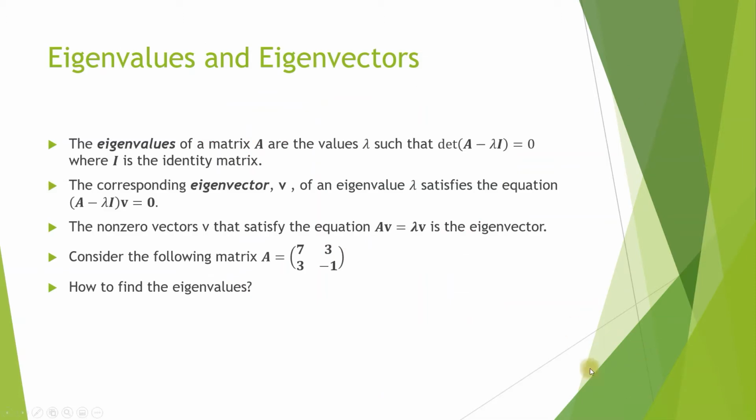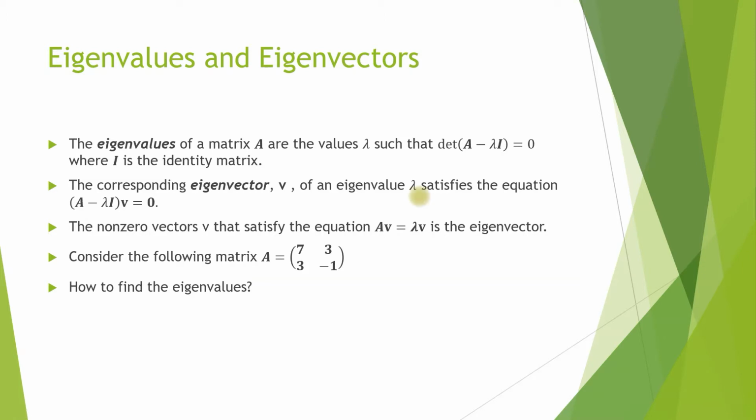We need to explain what we call eigenvalues and eigenvectors. Of course, to understand the concept of an eigenvector, you need to understand what an eigenvalue is first. We are going to discuss that, and then you will understand what eigenvectors represent.